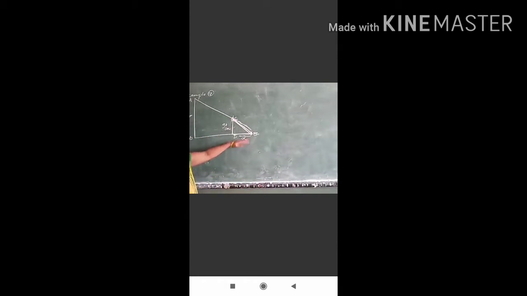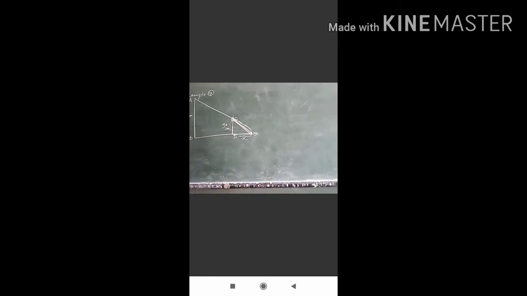So this is the shadow of this girl after 4 seconds, and the speed is given as 1.2 meter per second. Now we take it that AB is the length of the lamp post, CD is the height of the girl, and D is the shadow position after 4 seconds.